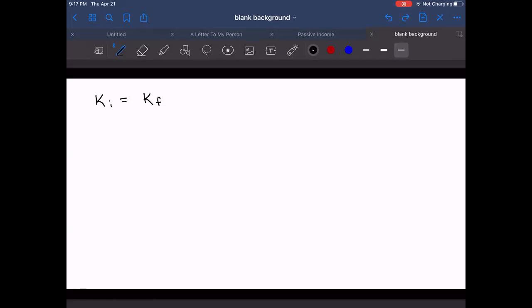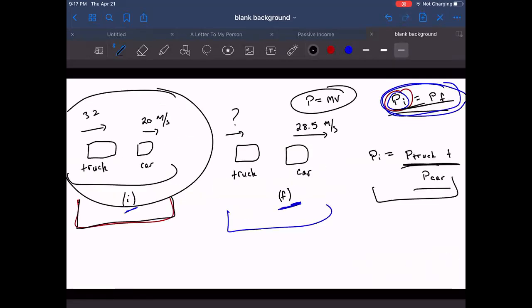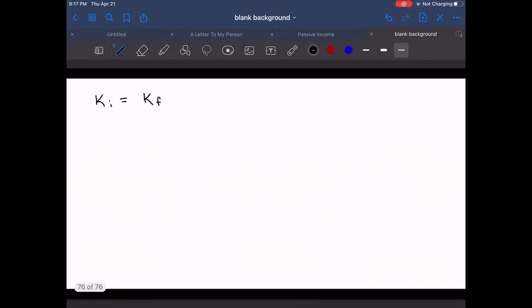What's the initial kinetic energy? Go back to your picture. The initial kinetic energy of the system: what's the kinetic energy of the truck plus the kinetic energy of the car? Just like the momentum thing. Makes sense?